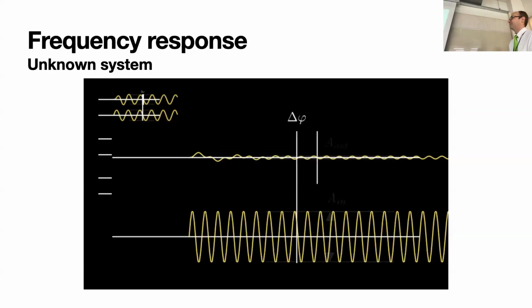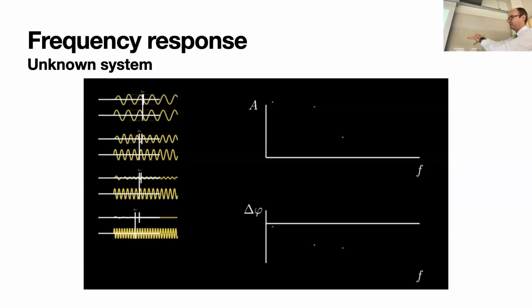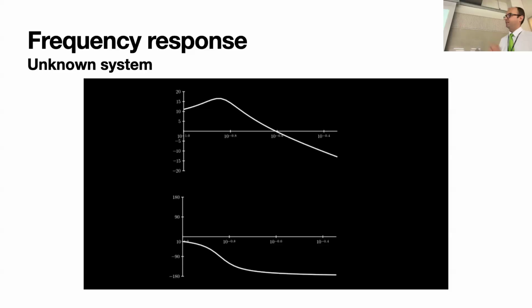Yes, phase. And then if we do it over a very, very large set of frequencies, we are going to get something like this. And this is what we are doing when we are doing EIS. We are not throwing our fuel cell up and down, but we are exciting it with electrical signals. But this is the same concept.